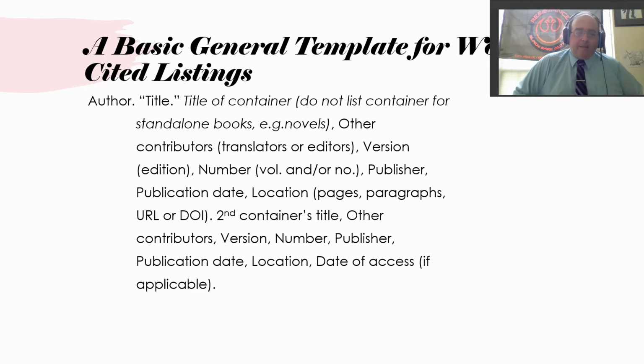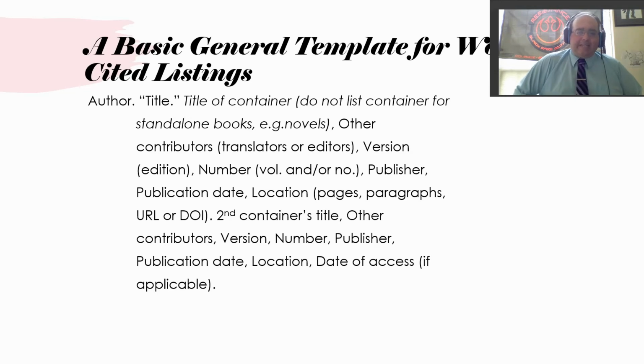Then you include the publisher, the publication date. The location of the article. This would be pages within the container. If it has numbered paragraphs, then give me the paragraph numbers. Or you have a URL if it's a website, or a DOI number if it is an article from a database.